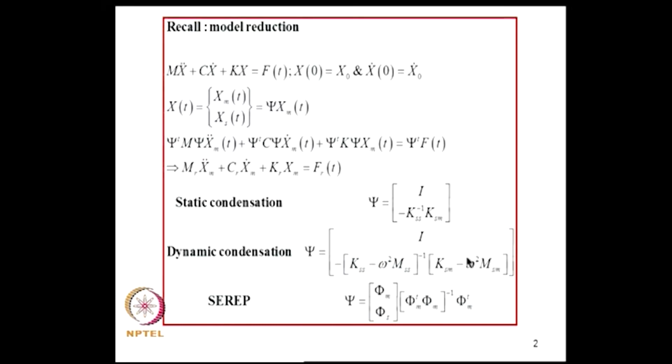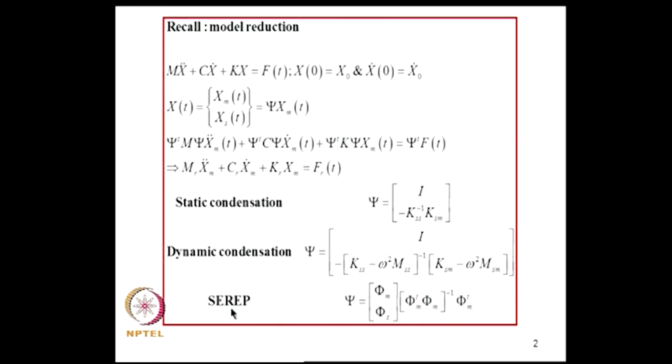Now, if one computes the natural frequencies and mode shapes of the reduced system, the set of natural frequencies from this model need not agree with any of the natural frequencies of the larger model. That is certainly true in case of static condensation method. In dynamic condensation method, if this omega is chosen such that it coincides with one of the natural frequencies of the larger system, then one of the frequencies in the reduced model will match with that frequency.